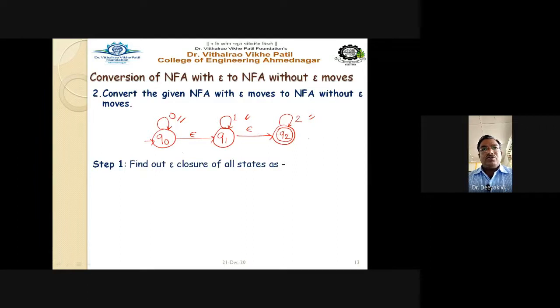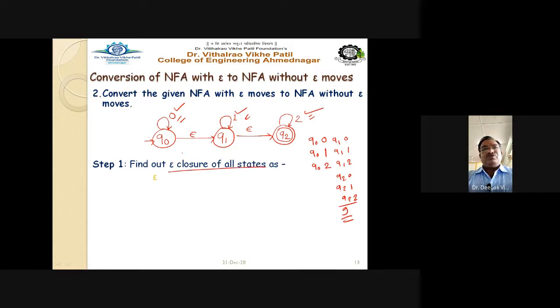So we have to find Q0 on 0, Q0 on 1, Q0 on 2. In the same way, Q1 on 0, Q1 on 1, Q1 on 2, and Q2 on 0, Q2 on 1, and Q2 on 2. So total 9 transitions we have to find out, because input is 0, 1, and 2, right? And first is to find the epsilon closure of all the states.